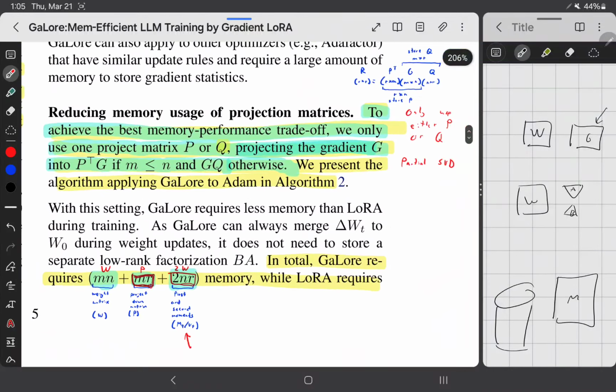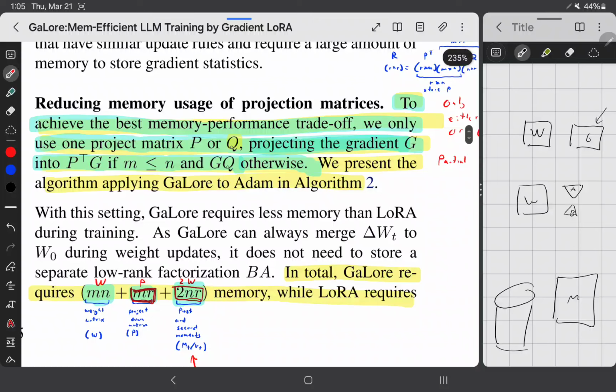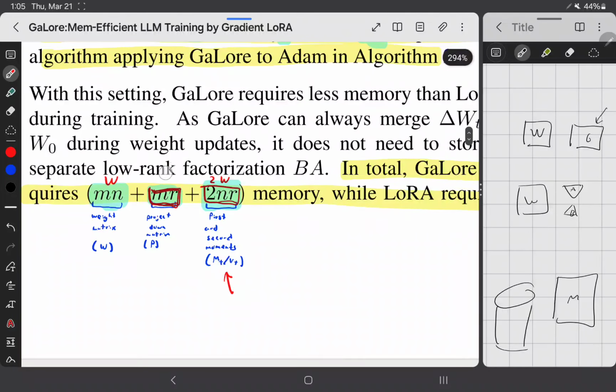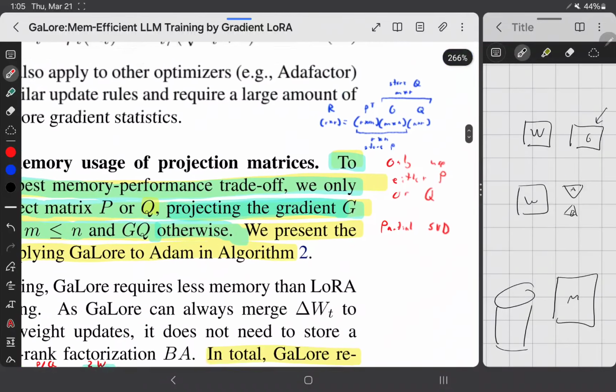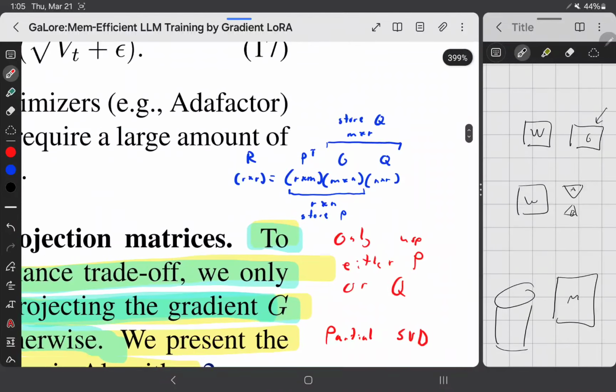So the reason they only do the partial projection instead of the full projection is because it's basically good enough, and you only have to store one. If you used both P and Q, then you would have to store P and Q here. So yeah, and this projects it to the low dimensional space. So NR versus MR, where R is your low dimensional space.